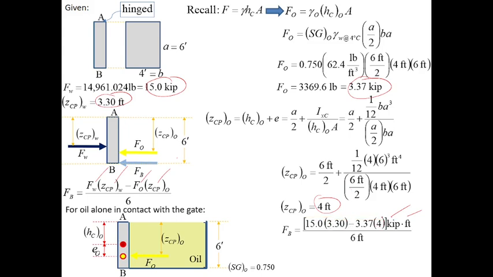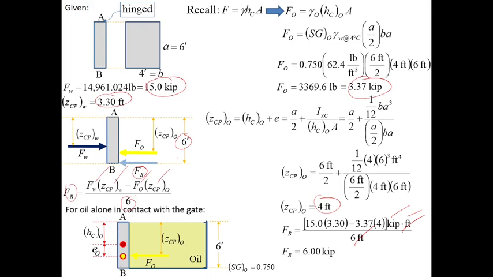So, meron kang kip-feet. Pinactor out ko na para isahan na lang, all over 6 feet. Itong 6 na to ay 6 feet actually, 6 feet times FB, di ba? Yung 6 na yan, merong unit na feet. Kaya makakancel yung feet at magiging kips. So, we have 6 kips.